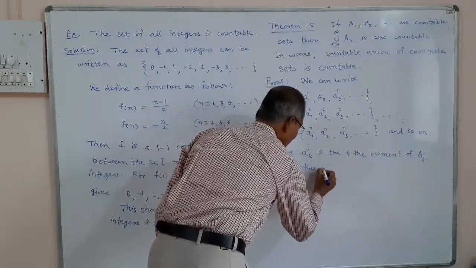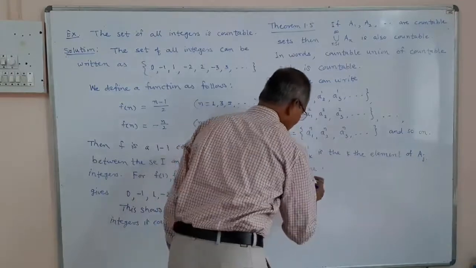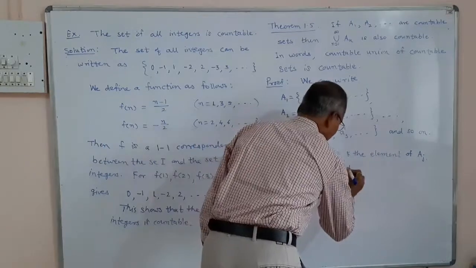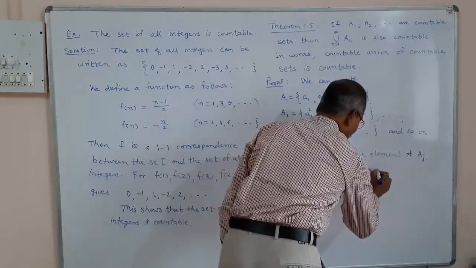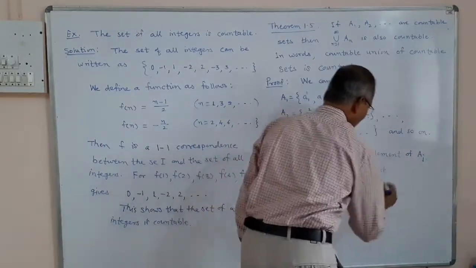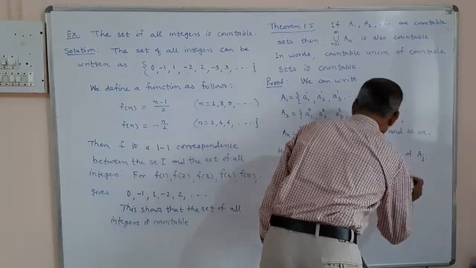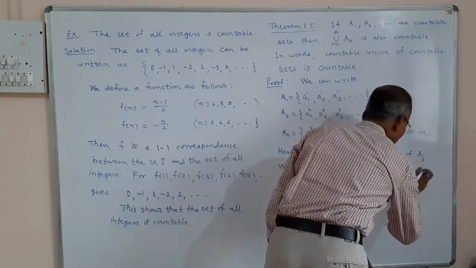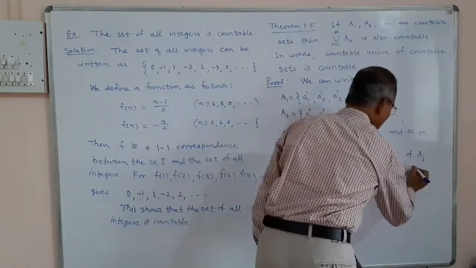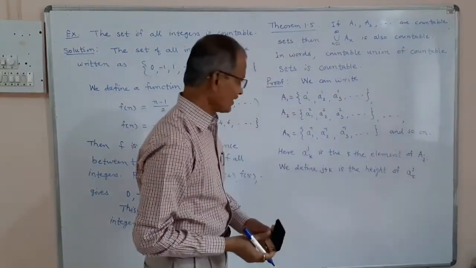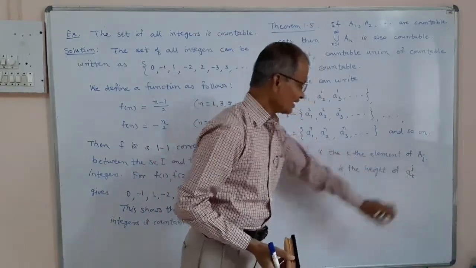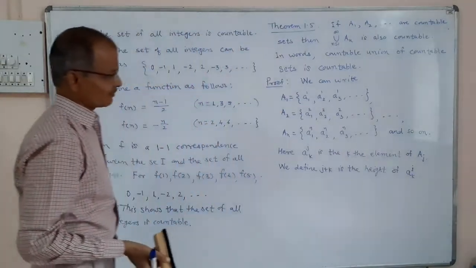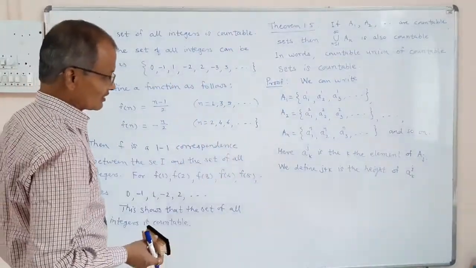We consider the height of Ajk to be j plus k. This is the height of the Ajk element. Now how is the height defined? Just by adding the subscript and superscript. So this is the height.